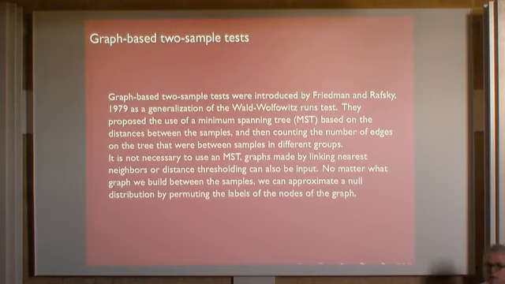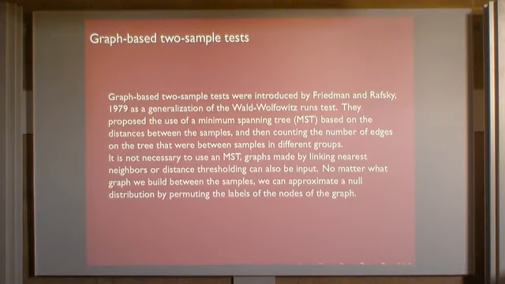If you have distances between all the points, it's very cheap to make a minimum spanning tree. Once you have the minimum spanning tree, you can ask, do I have about the same number of hybrid edges, that is edges where you have 2 different levels of your categorical factor, or do I have clumping in some sense?